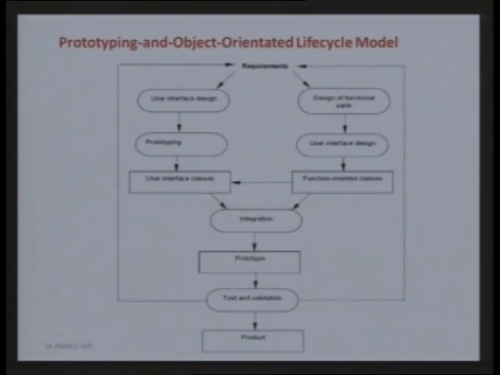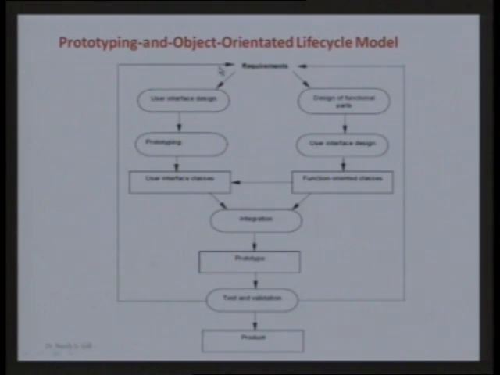Whereas if we recollect, in the spiral life cycle model, we saw there were many in one model. Here we are narrowing our focus, because we are interested in hybridizing our life cycle model with two ingredients, and those two ingredients are prototyping and object oriented characterization. Now let's study this model, how it is new.